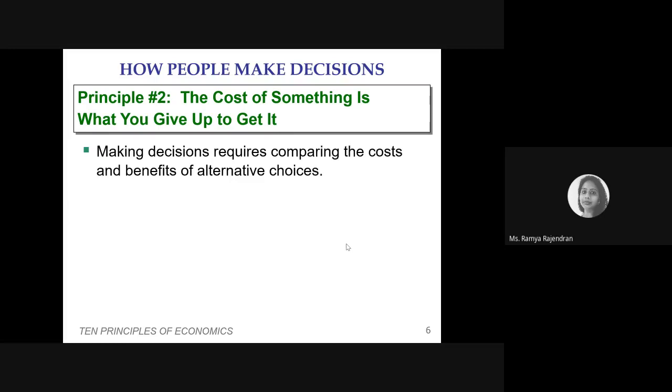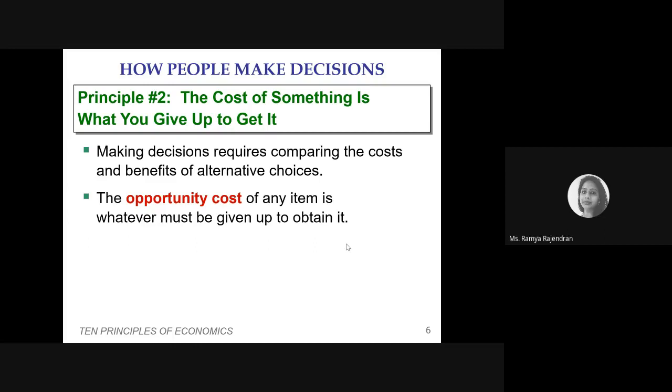Making decisions requires comparing the costs and benefits of your alternative choices. Here, going for work after grade 12 is your alternative choice, and this 5-year course is your first choice. You're comparing the cost of it. This is called opportunity cost, which is nothing but whatever you are giving up to obtain this.